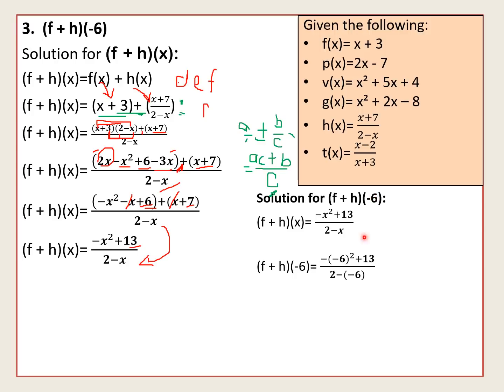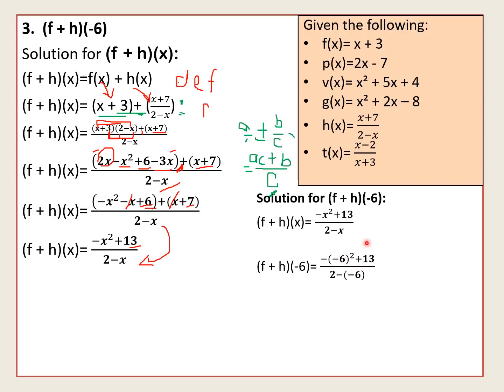Okay. So, bale f plus h, x is negative 6, then lahat ng x dito mapapalitan ng negative 6. So, negative, tama, isusulat. Kasi ang naka-square lang dito sa expression dito is si x. Okay? Si x lang. Therefore, paparenthesis ko yan, ilalagay ko si negative 6 dito. Then, square. Okay?